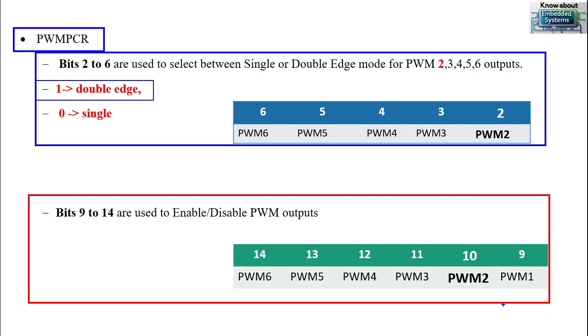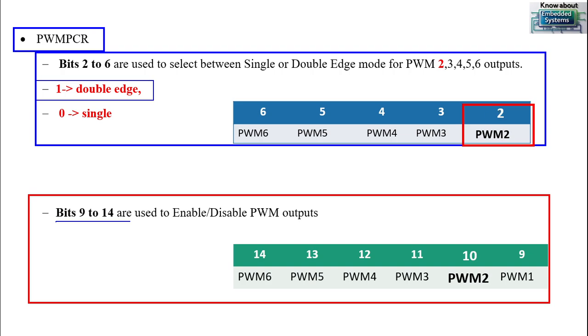The second part of the control is output enable. To enable the output, we are going to use bit number 9 to 14 of your PCR register. Bit number 9 to 14 are used to enable or disable PWM outputs. You can see here bit numbers 9, 10, 11, 12, 13 and 14. Here I'm going to use channel number 2, which is defined with bit number 2.